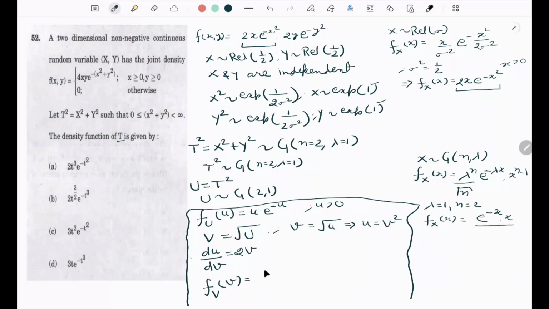The PDF of V will be f_U of, wherever we have u in the PDF of U, we will replace it by v², because u equals v². Then we will multiply it by this derivative du/dv, obviously taking the absolute value.